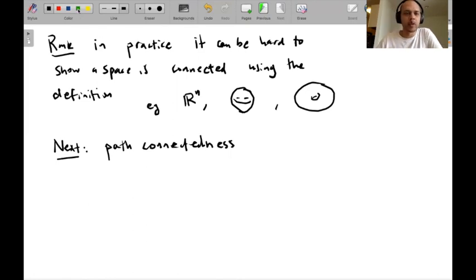Maybe just in a picture, path connectedness means that if you have two points in the space, then you can find a path between them. And all three of these examples have this property. Any two points are connected by some path. And we'll see next time that if you have this property, then the space is connected.